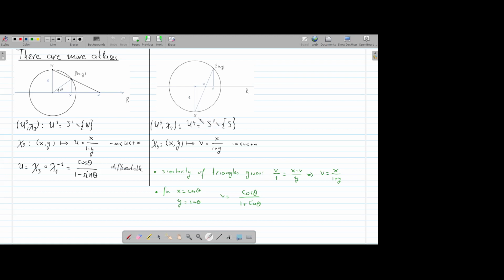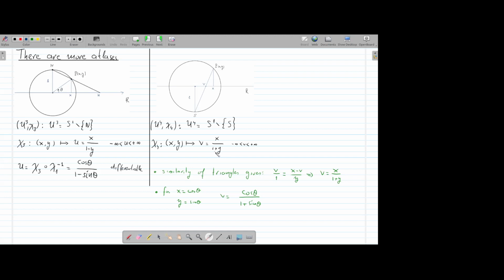And then we consider the line that passes through S and P and cuts the real numbers here at the point V. So we define V to be the coordinate of the point P. And again, if you do simple geometry, you can find the relation between x, y and v, which is given now by this one, which differs from that one just by the sign in the denominator.